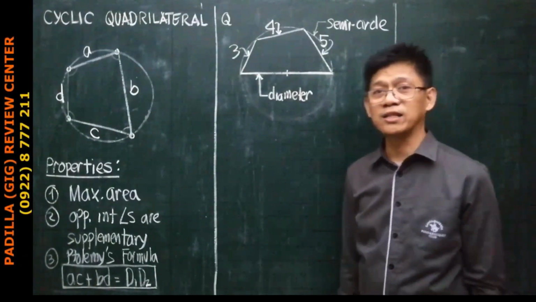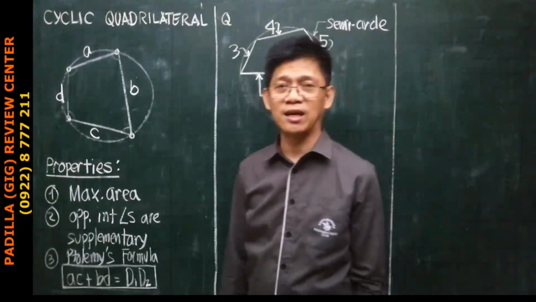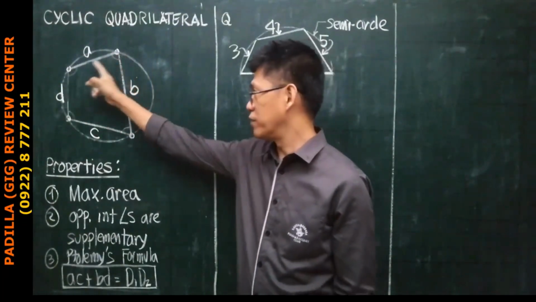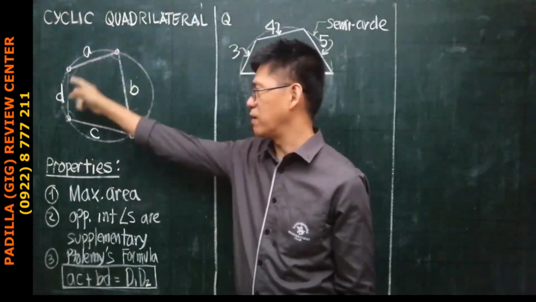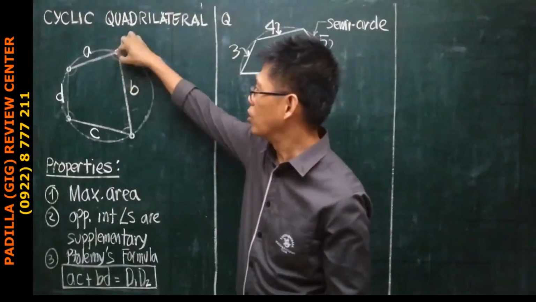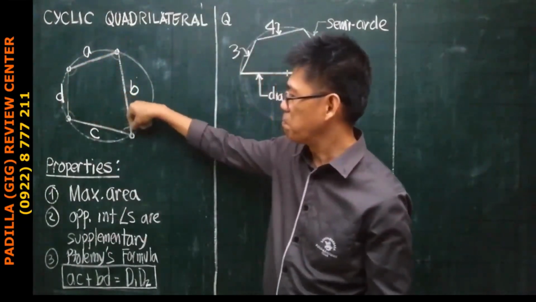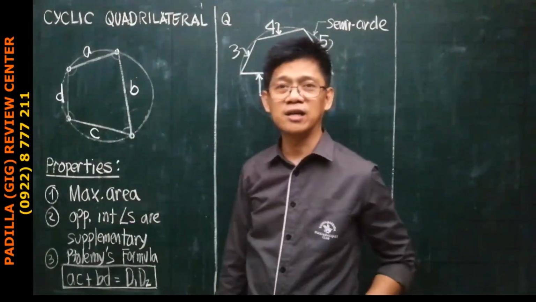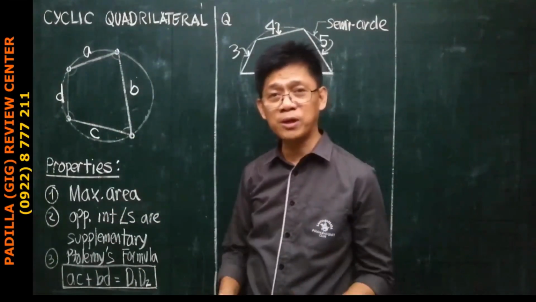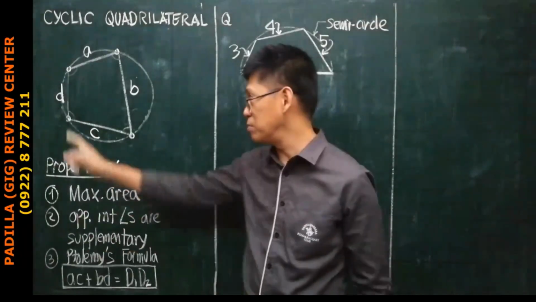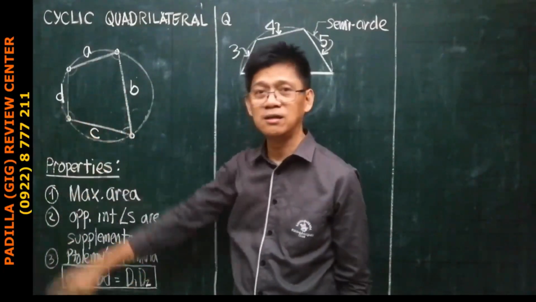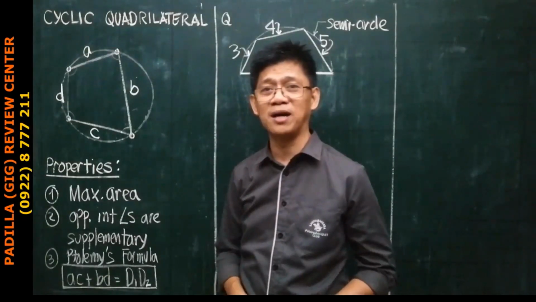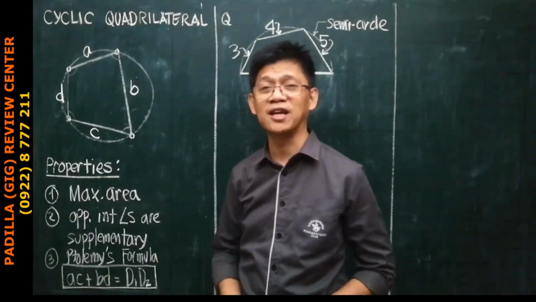A cyclic quadrilateral is a quadrilateral inscribed in a circle. All the vertices are on the periphery of the circle, so all interior angles are peripheral angles. Its area is maximum compared to other quadrilaterals with the same sides A, B, C, and D. That can be proven by maxima and minima using differential calculus.